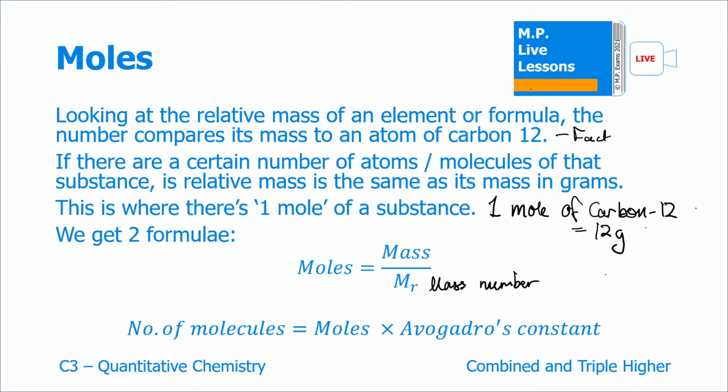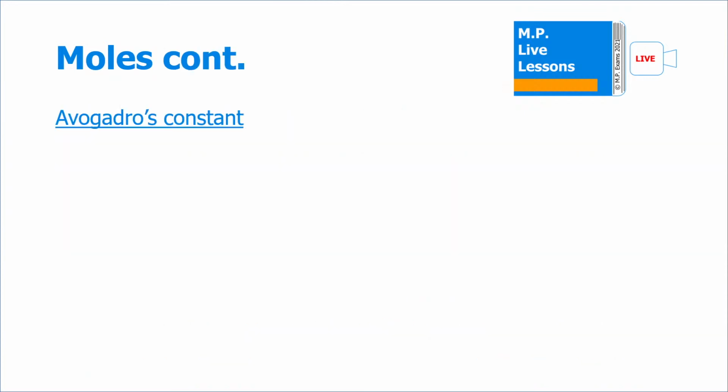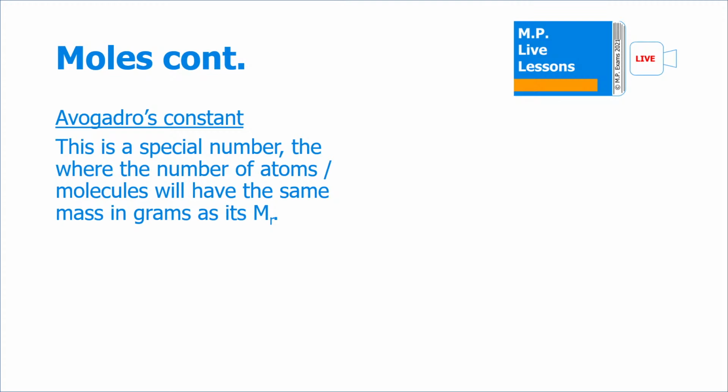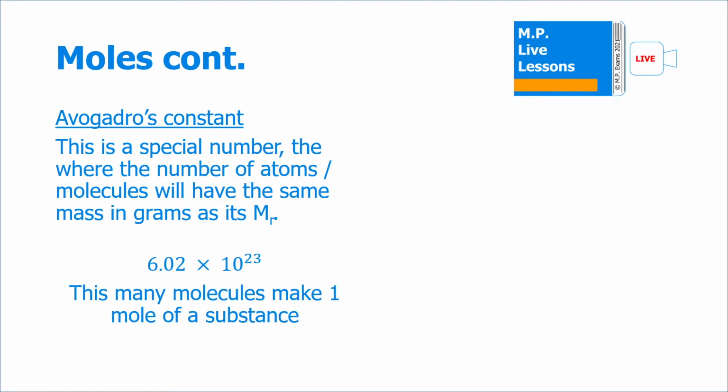Now, Avogadro's constant is simply just a number, a very special one. So this is how many of that atom or substance you'll need to make the same mass of it as its formula or relative mass in grams. So that's 6.02 times 10 to the 23 molecules. So this will make up 1 mole of a substance.